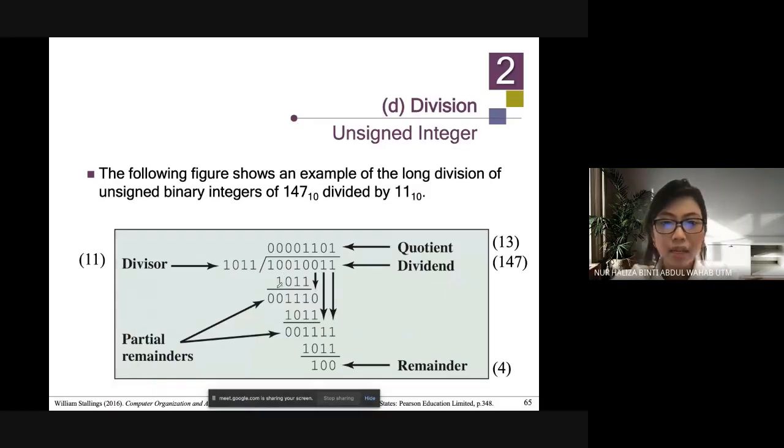Okay, then over here you have the partial remainder. Basically, it's similar to your division in mathematics until you get the full remainder. Then you get the quotient and also the remainder after you are done with the division.